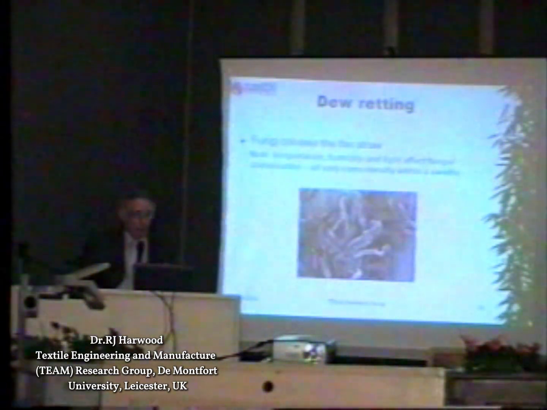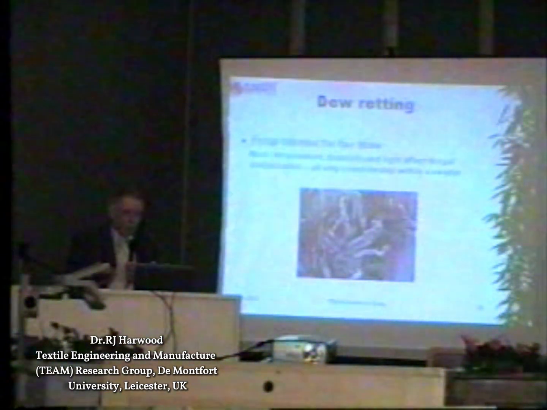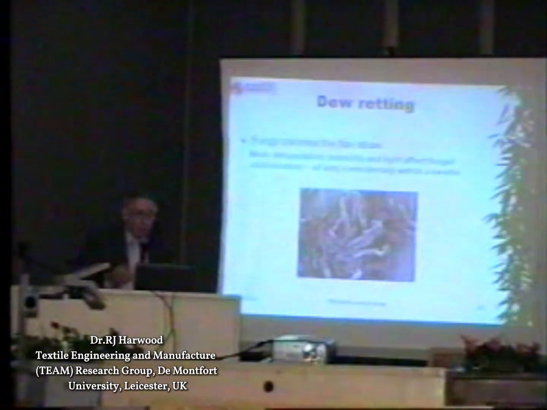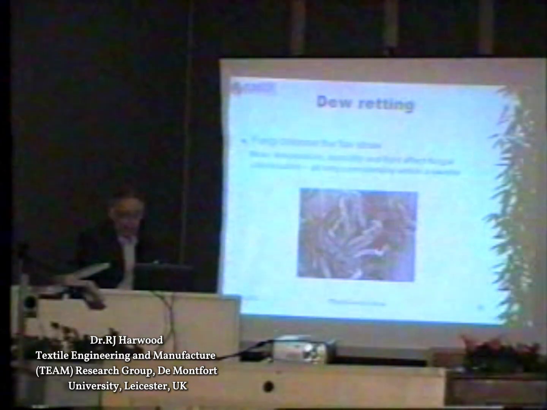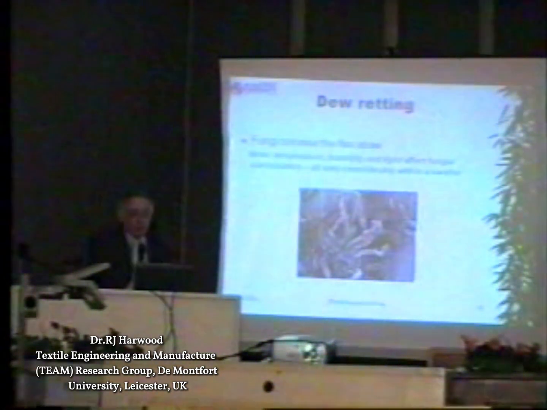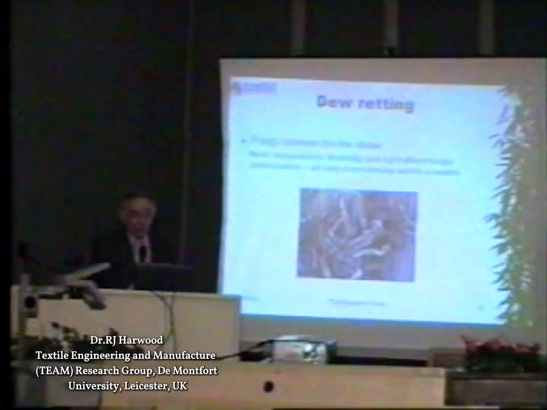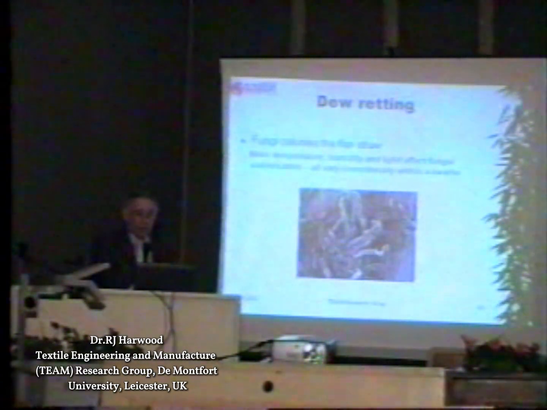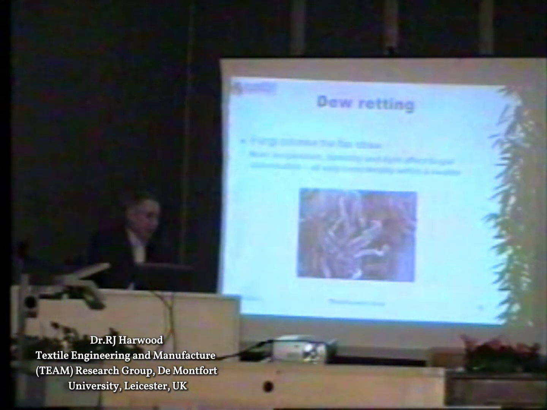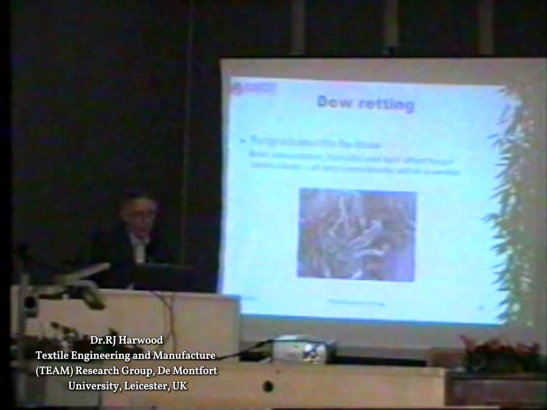Okay, when the plant is pulled and allowed to ret, natural fungi that are present in the soil and around colonise the flax straw and attack the flax, producing enzymes which themselves cause degradation. The problem here, of course, is that you get considerable variation of properties of the retting process.